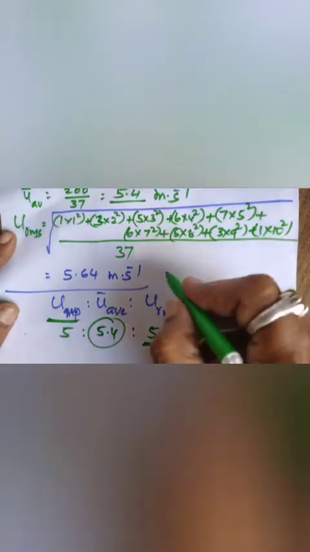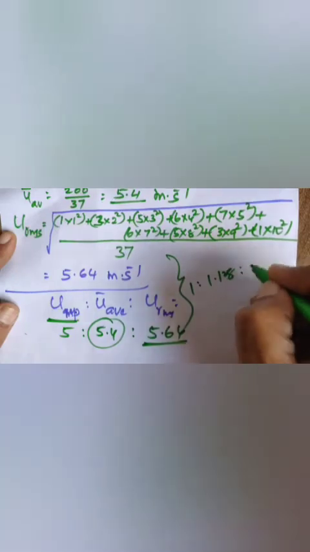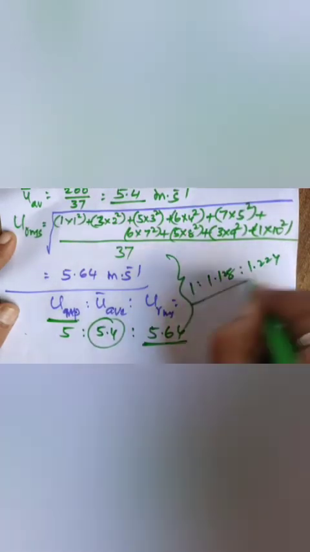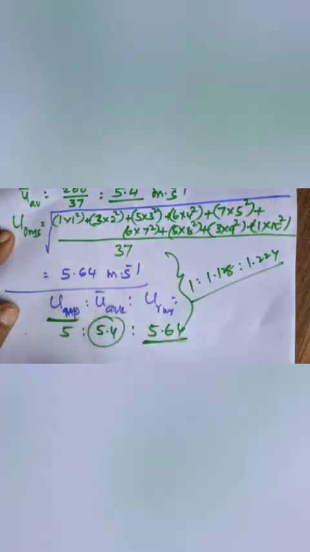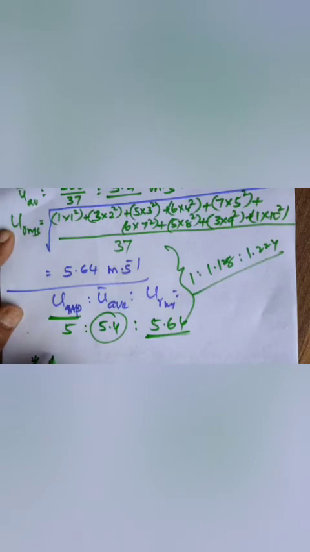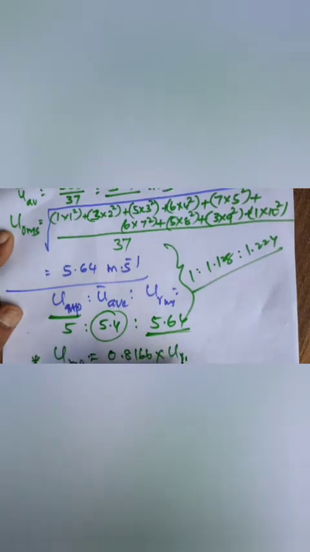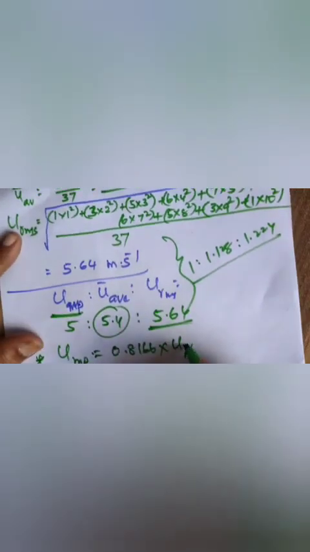Yes, if you recall the relation 1 : 1.128 : 1.224, from this relation, if you calculate most probable velocity from RMS velocity, most probable velocity is equal to 0.8166 into RMS velocity.